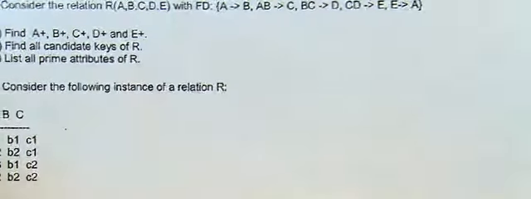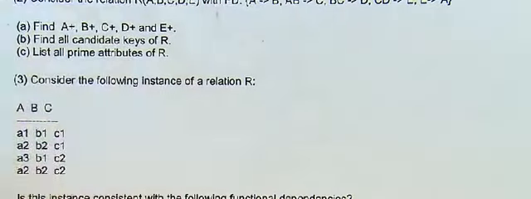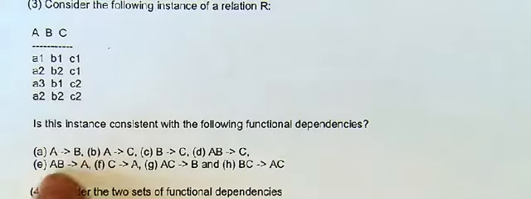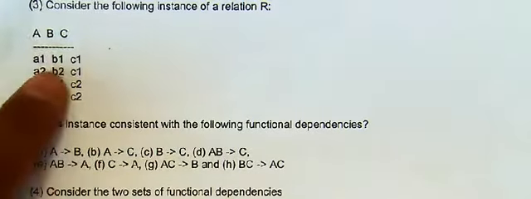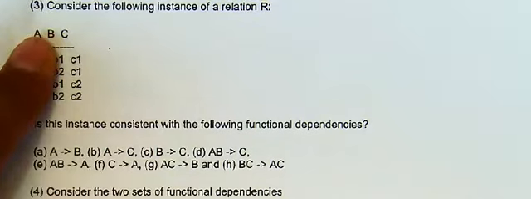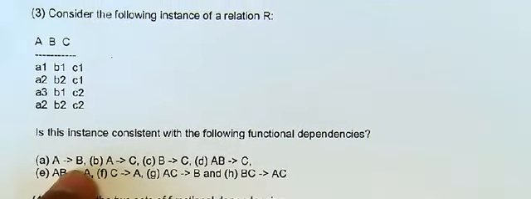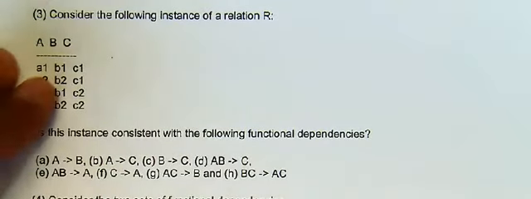Now for question number 3, we have the following table, and we need to answer if either one of those can be functional dependencies over this instance, if that is possible.